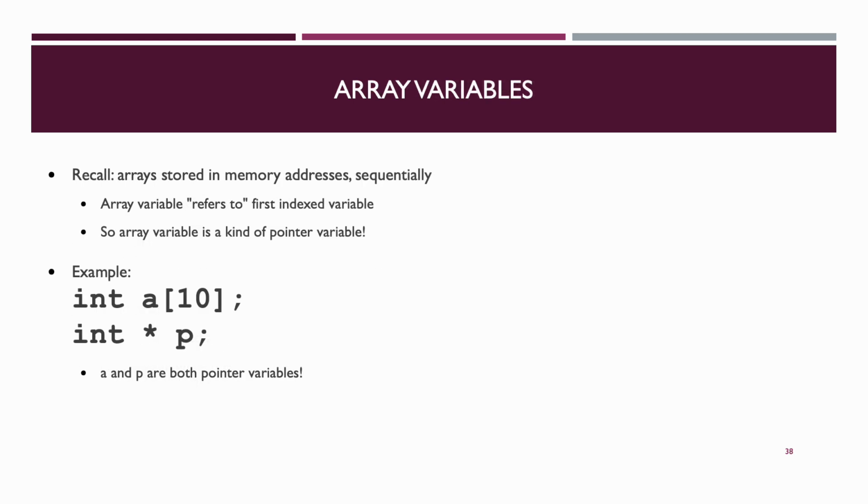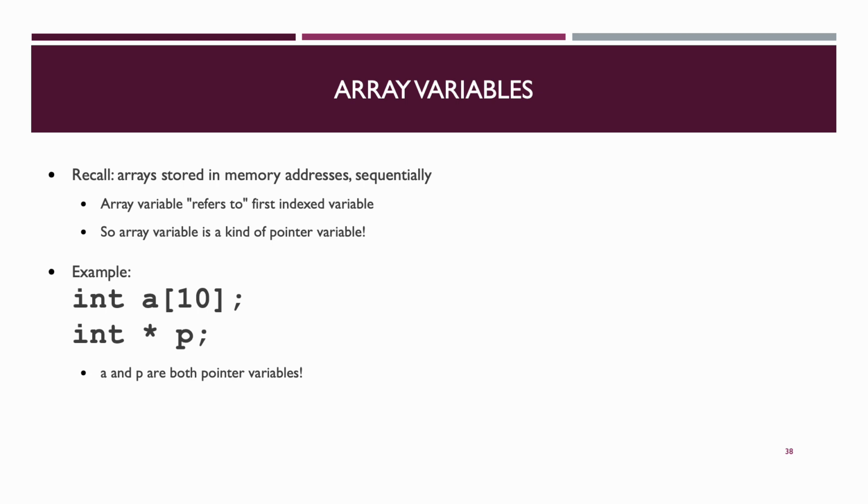Okay, so here we'll see array variables, which are essentially pointer variables that refer to the first element of the array. Well, arrays are stored sequentially in memory. This means that each element of the array is placed next to the other in consecutive memory locations.